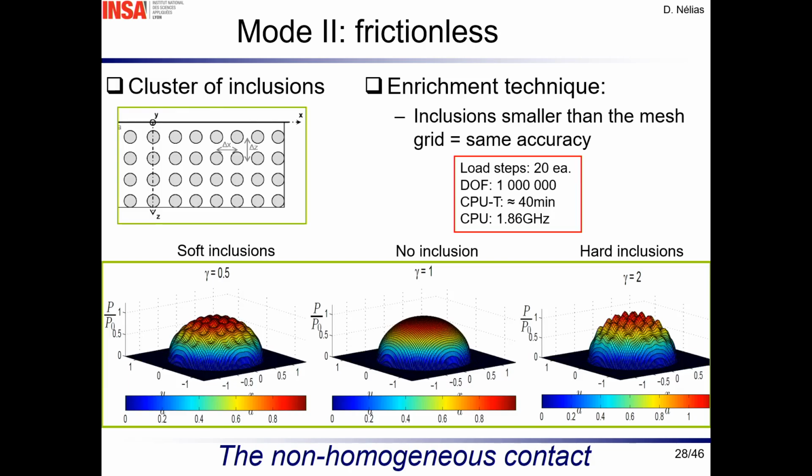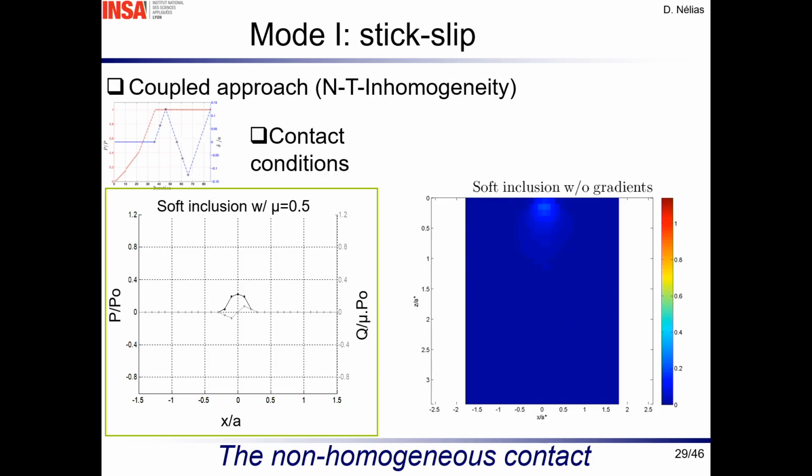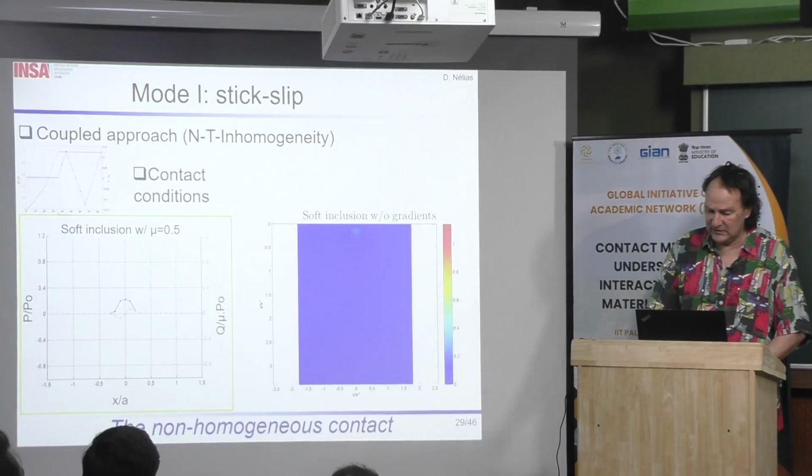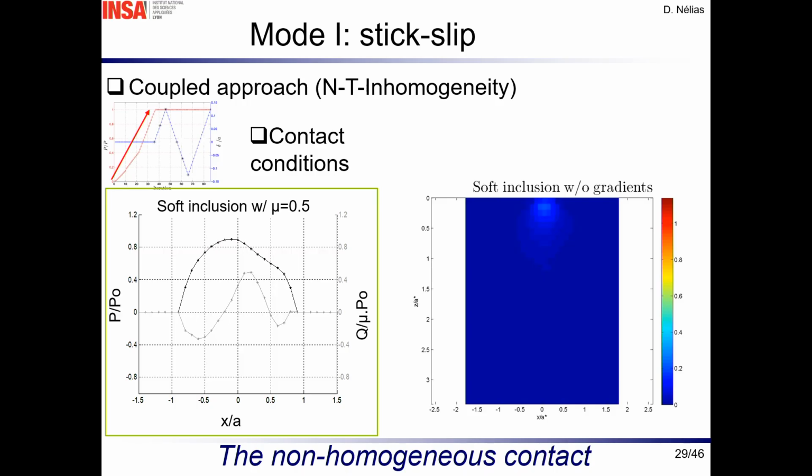I can skip this one too. This is with the presence of an inclusion. There is a small inclusion, a big inclusion below the surface, and that will perturb the pressure distribution on the left, and also the shear stress distribution, which is different from what is on the blackboard.